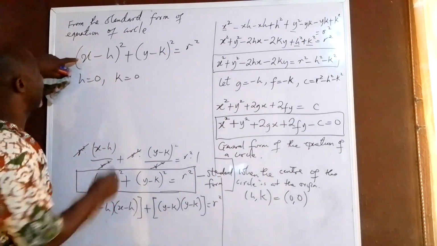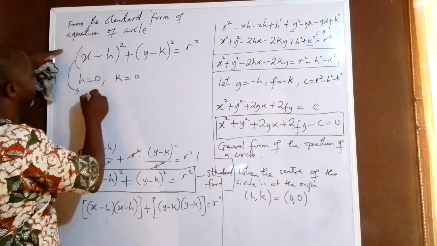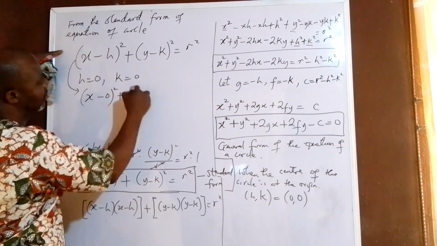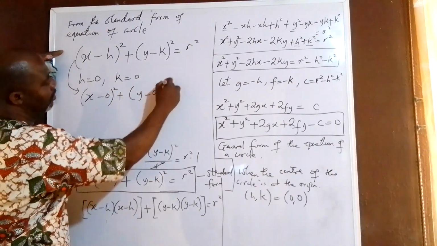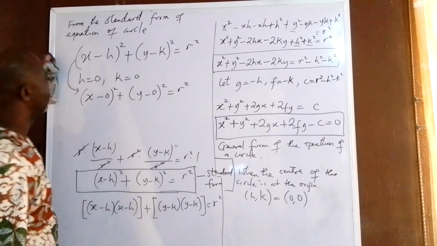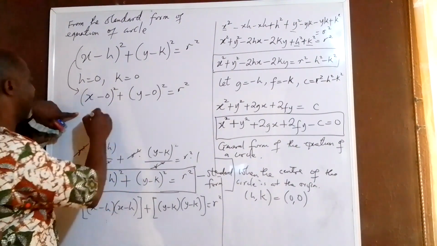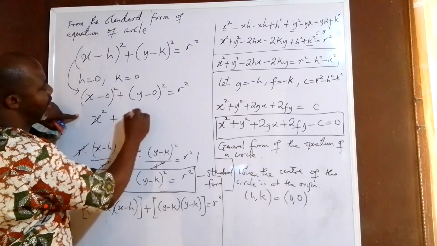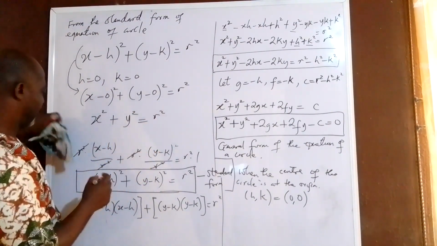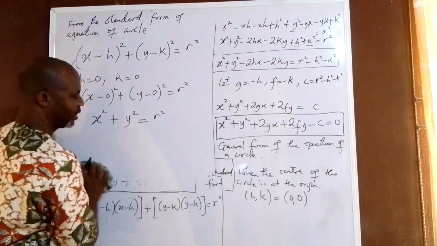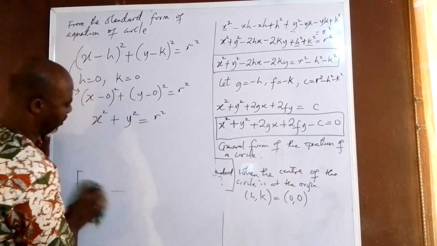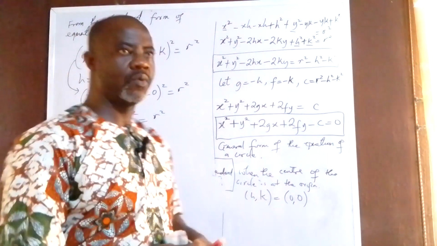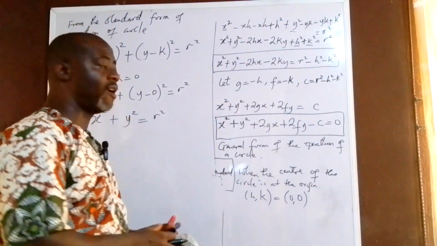So this becomes x minus 0 all squared plus y minus 0 all squared equal to r squared. x minus 0 is x, so we have x squared, plus y minus 0 is y, so y squared equal to r squared. So this is the form when the center of the circle is at the origin. That is how to derive the equation of a circle.